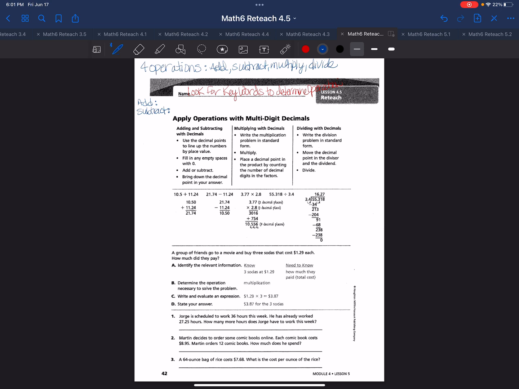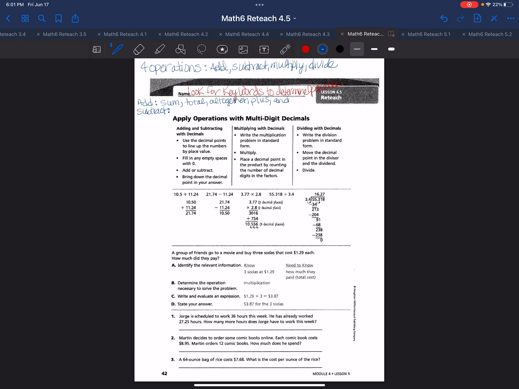So for addition, some of the keywords and phrases you're going to look for are sum, total, all together, plus, and.